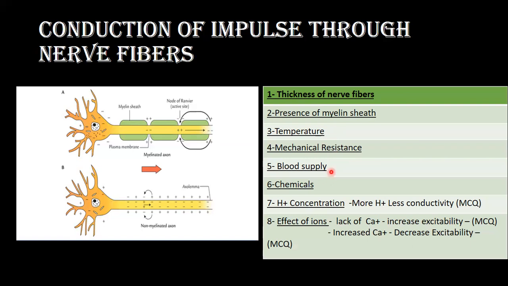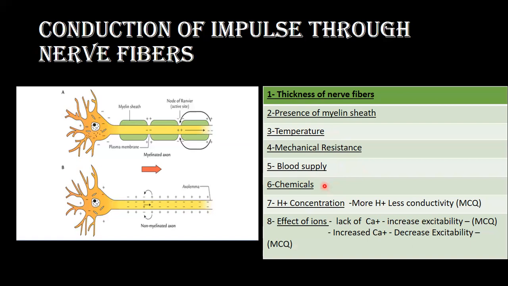Coming to the blood supply, if, for example, we have some artery or vein and we cut the blood supply, then obviously the properties of nerve impulse are lost. So sometimes blood supply also plays a major role.